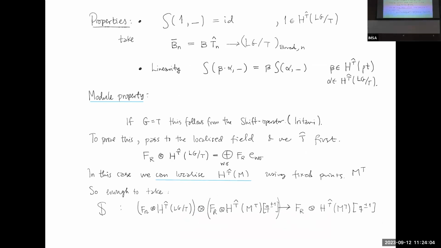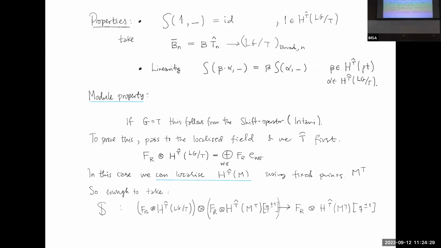If you take 1 as the standard class, that just returns the identity, and then it's linear with respect to the base equivariant ring. So if you apply the shift operator, this universal shift operator, to beta times alpha, then that gives you beta times the shift operator, so that's not a problem.